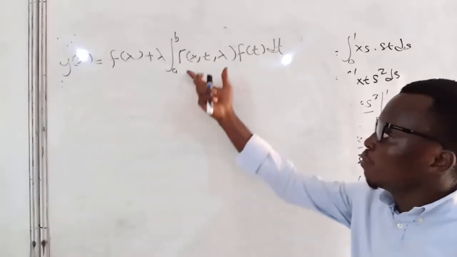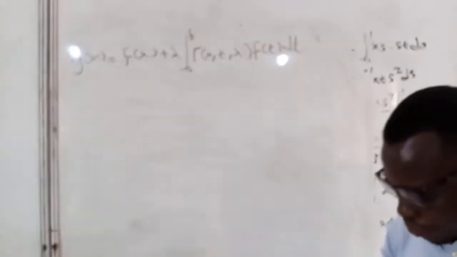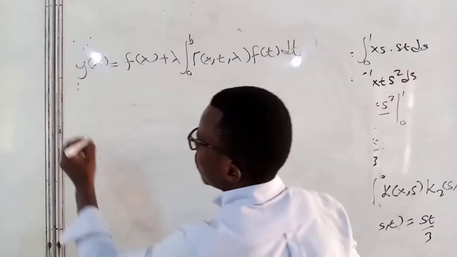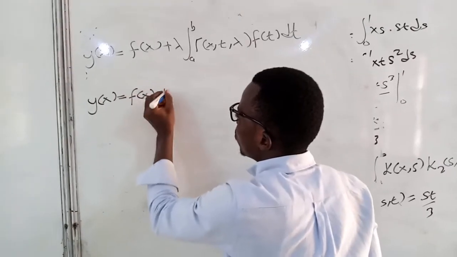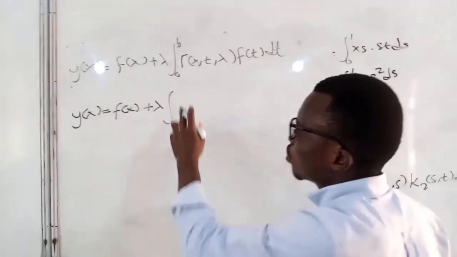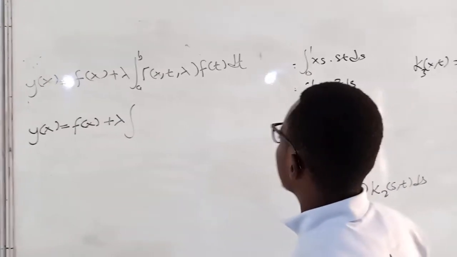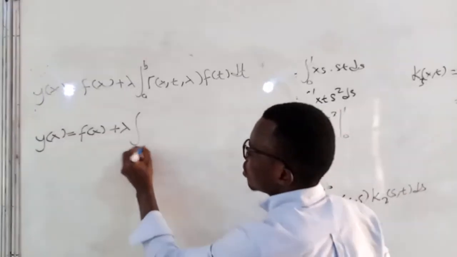Let's place our resultant kernel into this equation. We're integrating from 0 to 1, because in the question we're given the limits of integration to be 0 to 1.